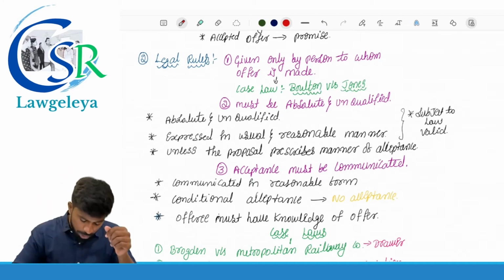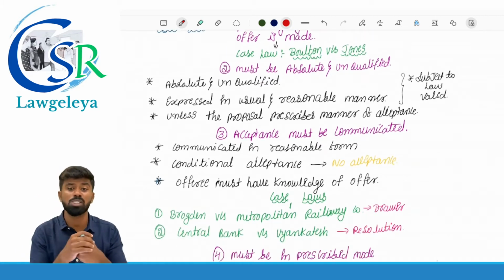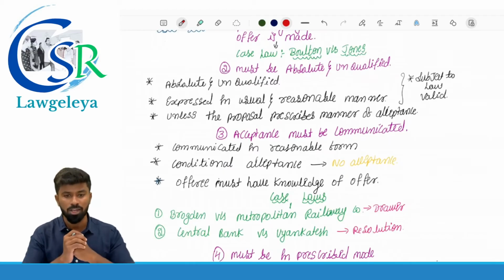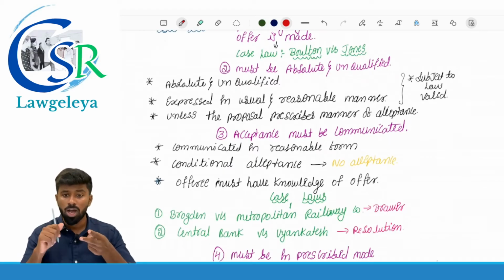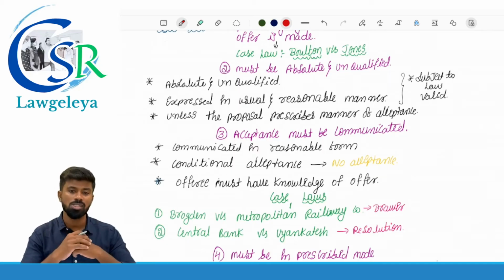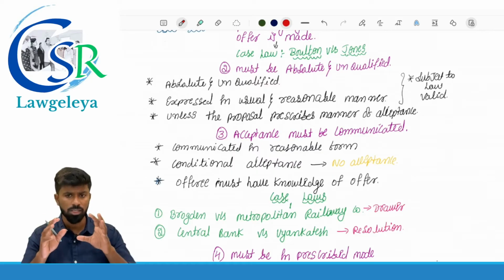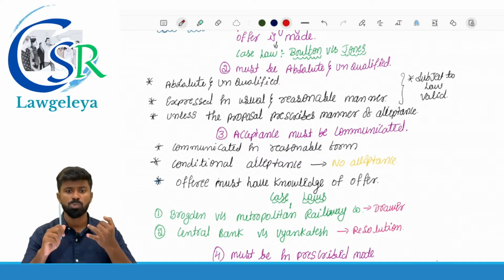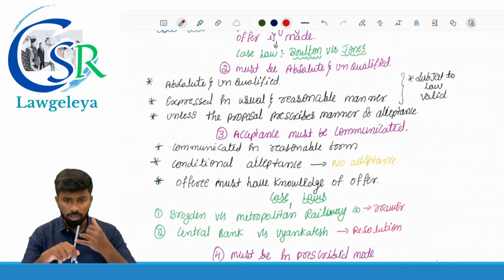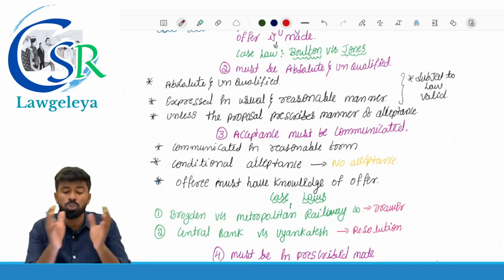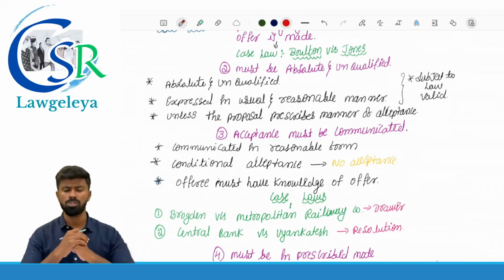Second one, the acceptance must be absolute and unqualified. If the acceptance is subject to conditions or modifications, it is considered as what offer? Counter offer. So how to write the answers for this? You should write that acceptance must be absolute and unqualified, and it must be expressed in the usual or reasonable manner. What is usual manner, sir?